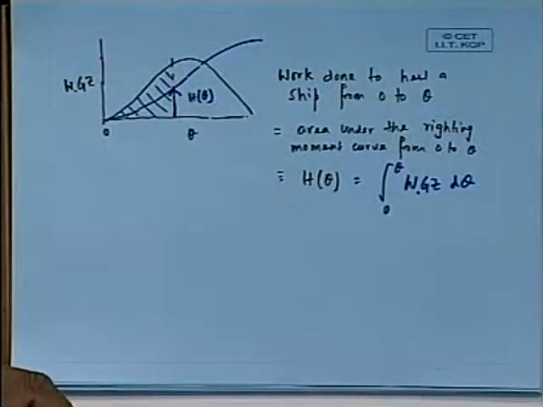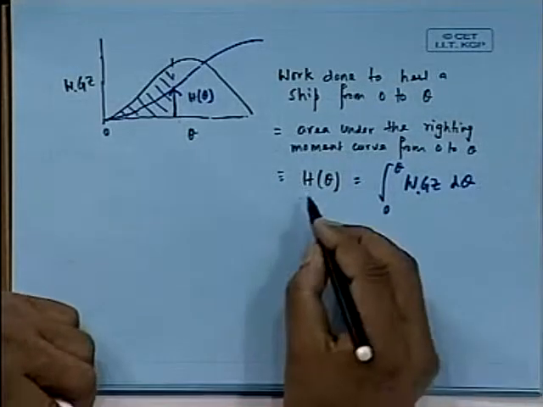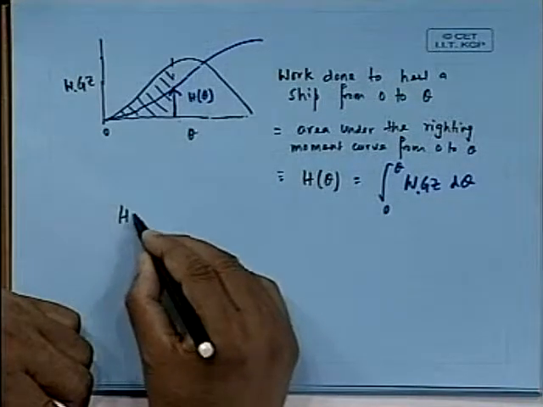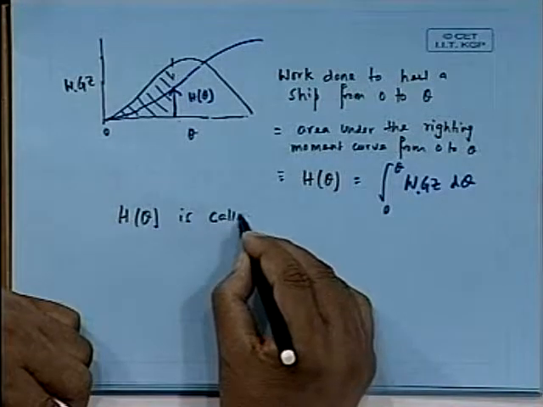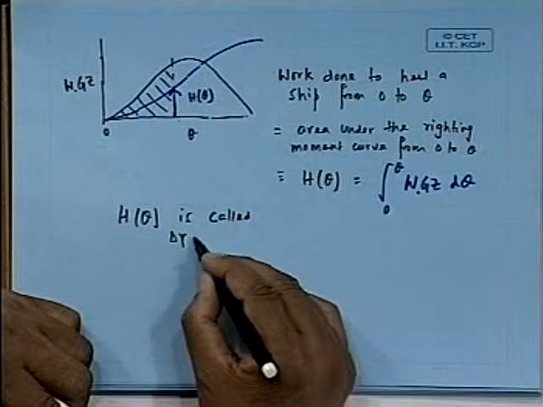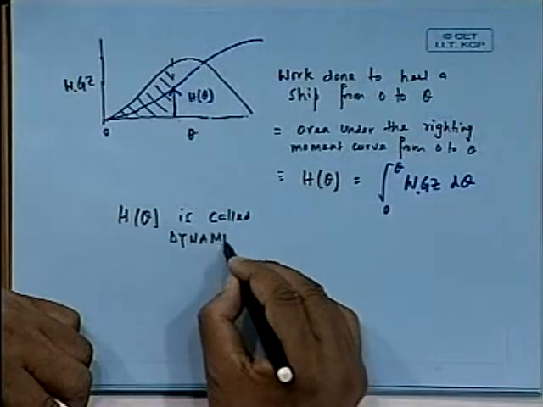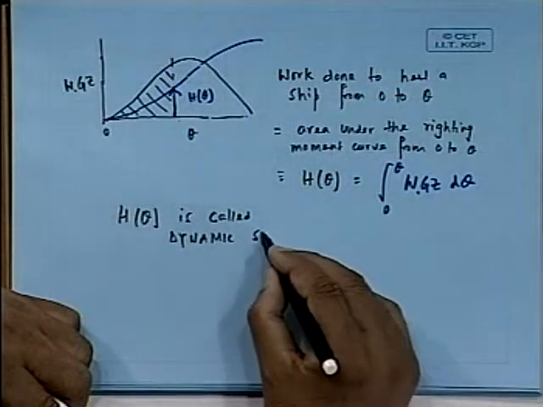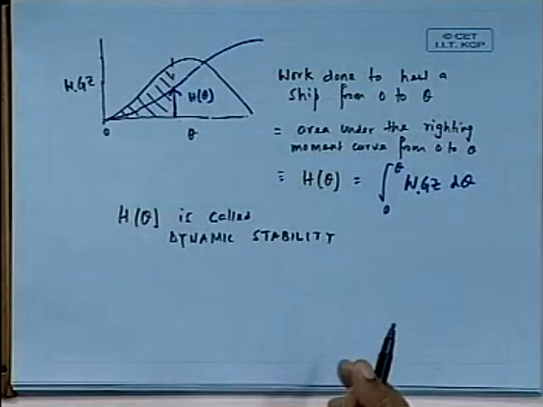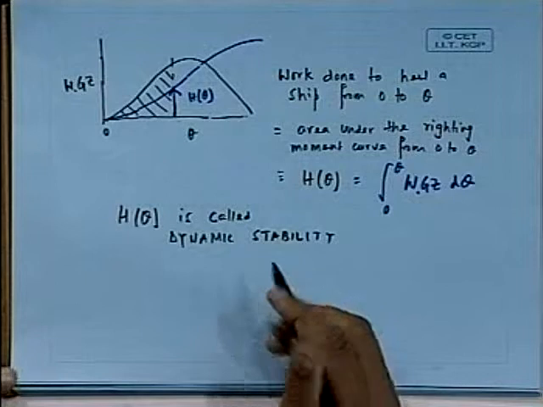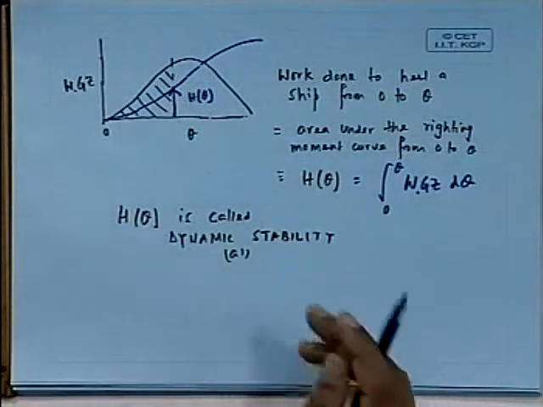But we are defining that, then this h theta is called dynamic or dynamical stability. Both words can be used. Some people use dynamical stability.